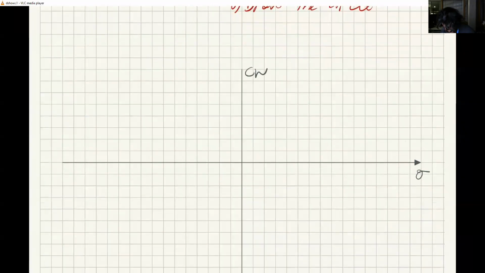So let's say that my unit is this one. This length is 10 megapascals. And so I have 60: 1, 2, 3, 4, 5, 6. So this point here is 60, minus 60 megapascals. This is sigma x.